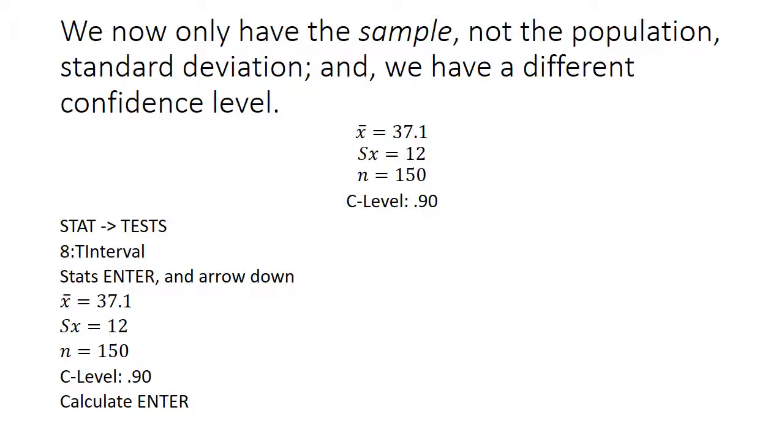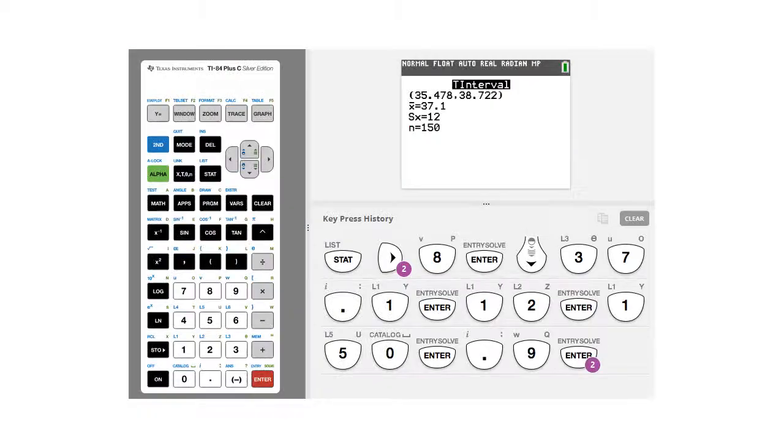We're going to use the stats given, not data, so arrow over to stats and hit enter, and then arrow down to do the rest. Enter your mean, 37.1, our X bar, our SX, sample standard deviation of 12, and sample size of 150. C level, confidence interval, 90% divided by 100 is 0.9. Enter on calculate. And this is what you should see on your screen.